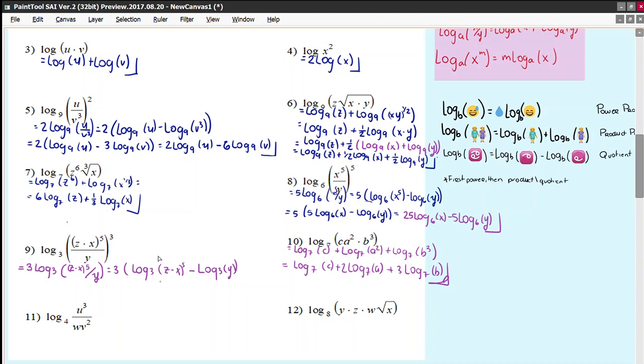Now, my first logarithm has another power, so I have to expand it. This is 3 times 5 logarithm base 3 of x times z minus logarithm base 3 of y. And again, the first component has a product inside its argument, so I have to expand it once more.